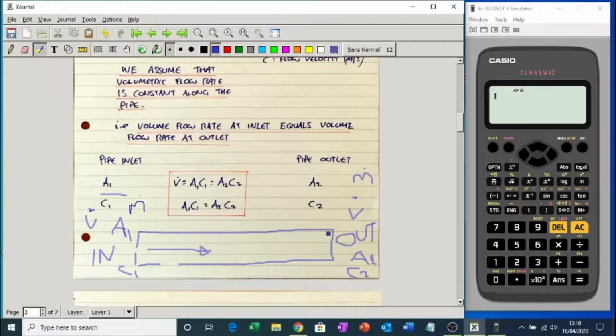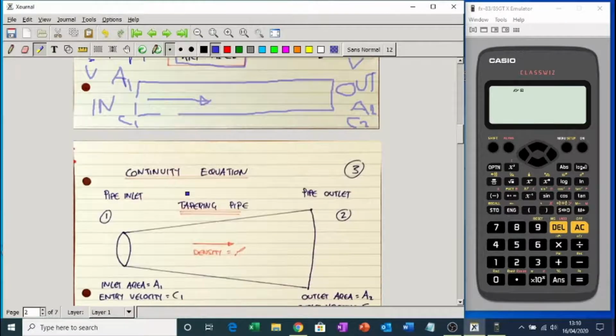It's just up to you how you want to label them, as long as you know one's in and one's out. So here's the continuity equation for this one. Area in, speed in equals area out, speed out, because the volumetric flow rate is the same. That's called the continuity equation.